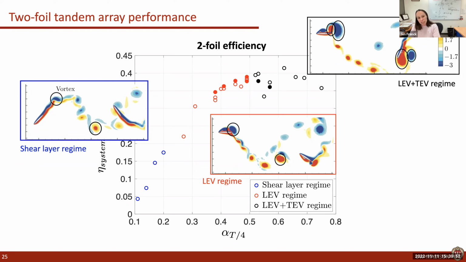And our observation is that in order to have this best case scenario, that second foil is avoiding the strongest vortices and trying to stay completely out of phase with the wake in front of it. So any interactions that are happening with the vortex and the foil are destructive in this configuration.